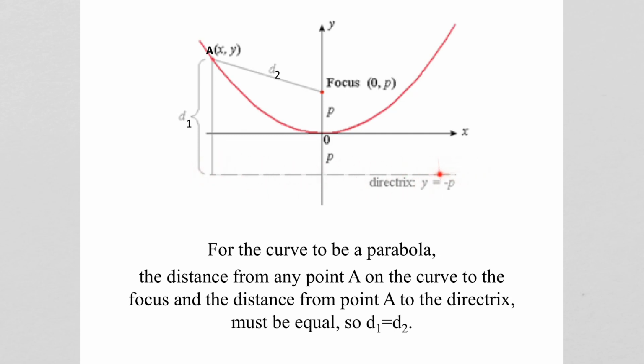It is a characteristic of a parabola that we'll talk about more in detail later. But when these distances are equal, then you will always lie on this particular parabola.